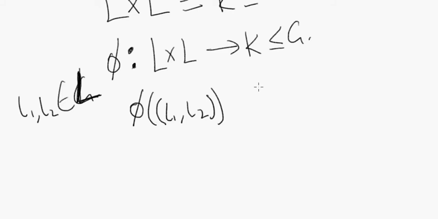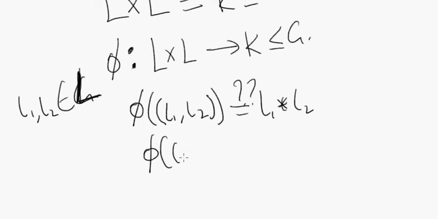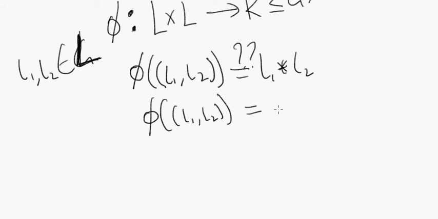We tried sending L1, L2 to L1 star L2, and that turned out to not necessarily be fruitful. And so, which begs the question, where else can we send L1, L2 to guarantee that we have ourselves an isomorphism here? Remember, we want to make sure that it's injective and surjective.